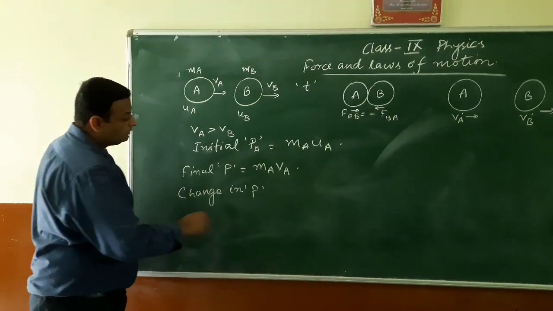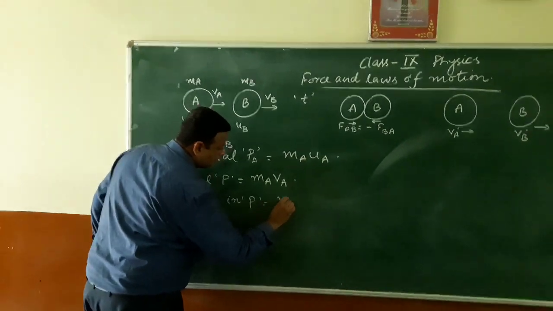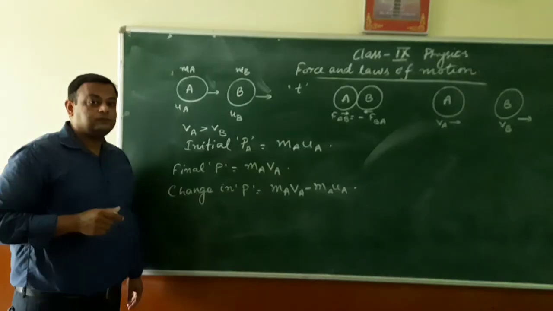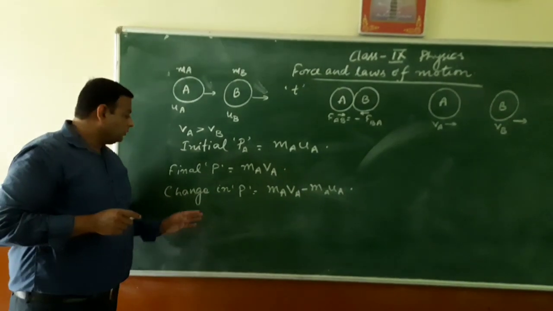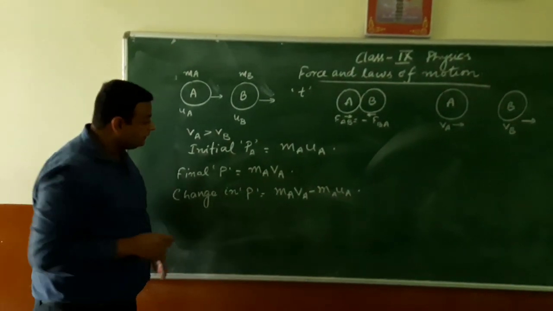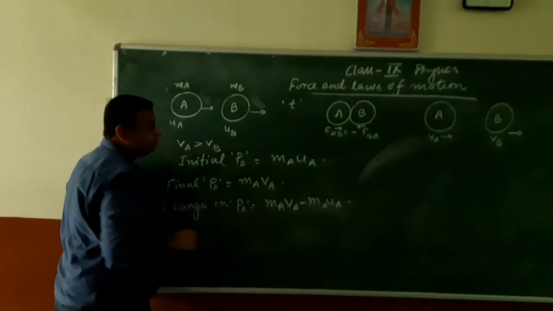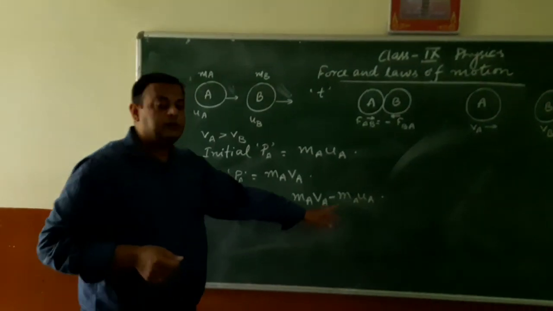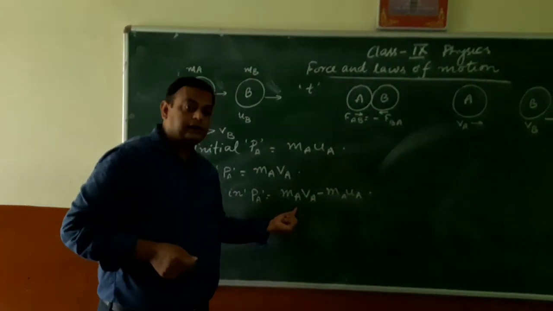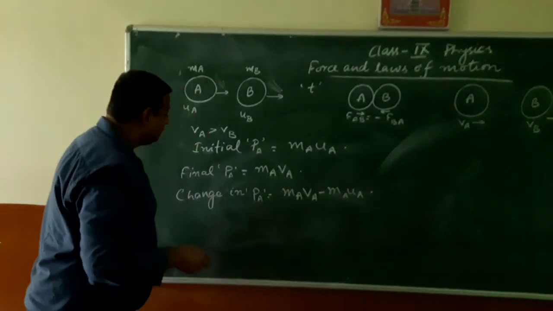Now the change in momentum of ball A is equal to MA VA minus MA UA, means final momentum minus initial momentum.